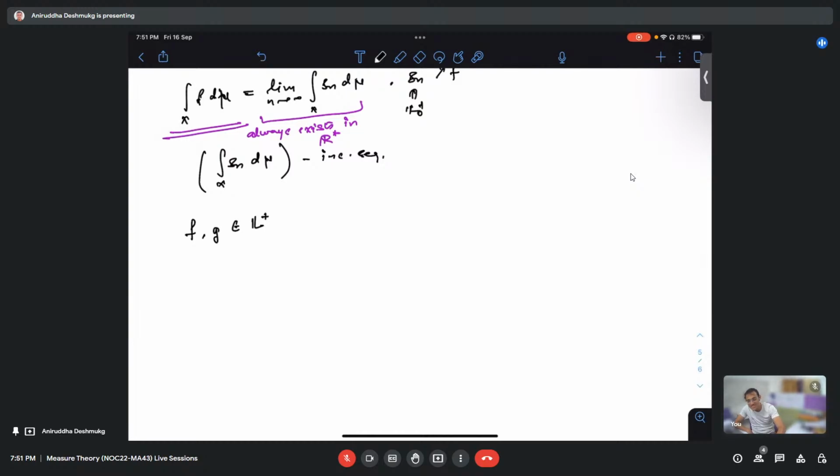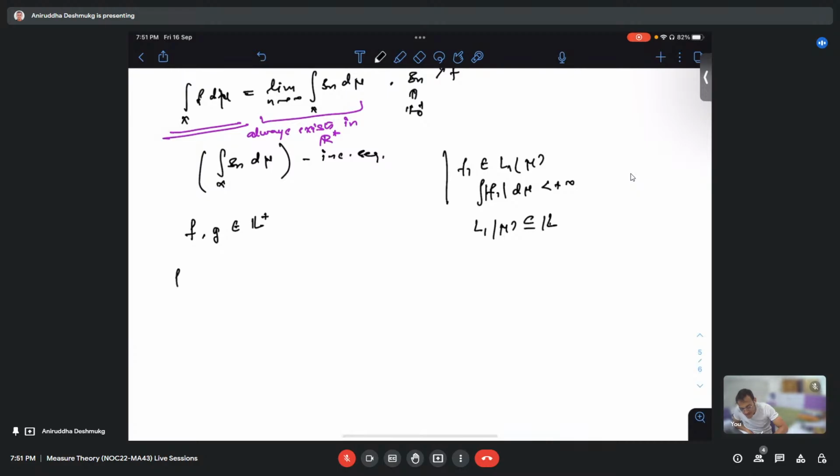But when I say that f is in L1 of mu, it means the integral of mod f is finite, so their integration is finite. So they're measurable and their integration is finite. Exactly. So by definition, L1 of mu is always sitting inside the measurable functions, but the other way around may not be true.